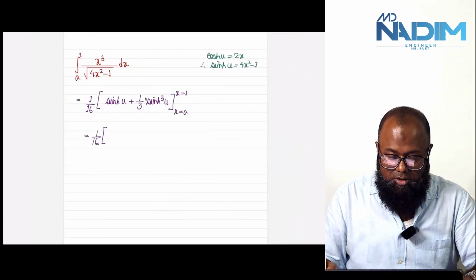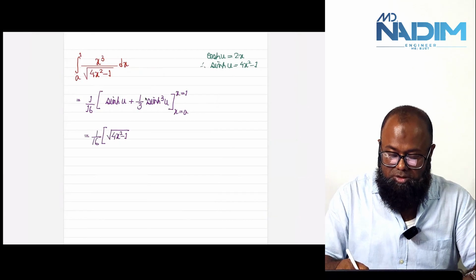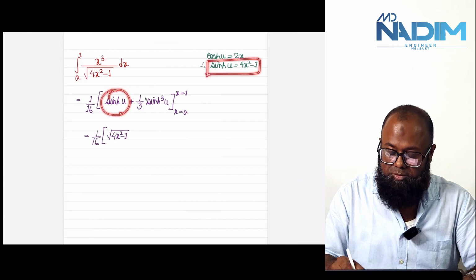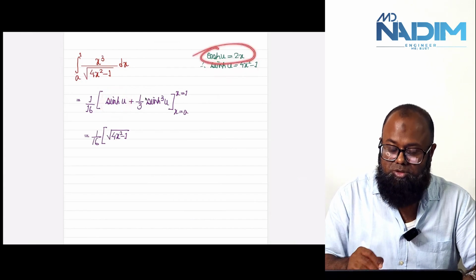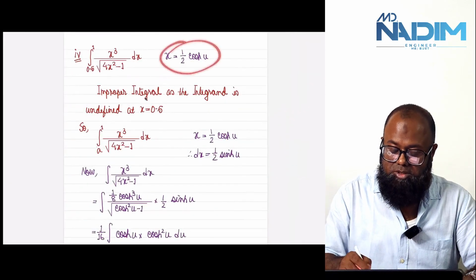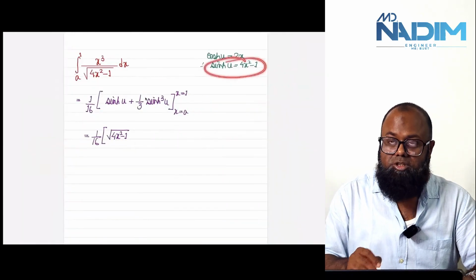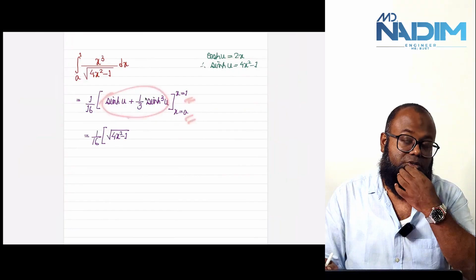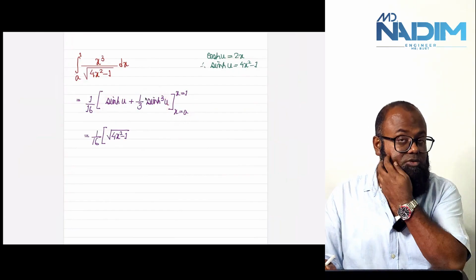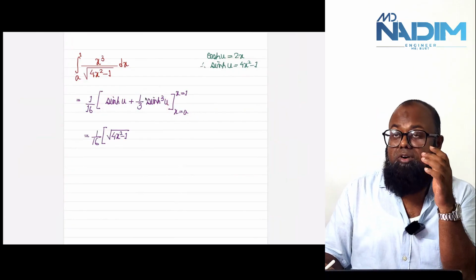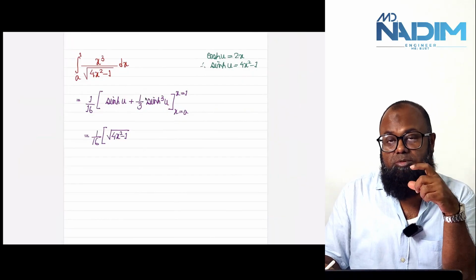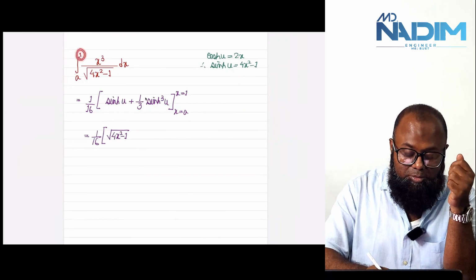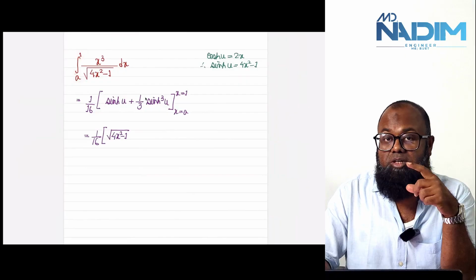If I put 1, if I put a, this is sine u. I have expressed sine u in terms of x because cos u is twice x here. So I am expressing in terms of x, and then I'm putting the values of x because I do not know what will be the values of u in this case, because if I try to substitute the limits of x with the limits of u, it would become very, very complicated.